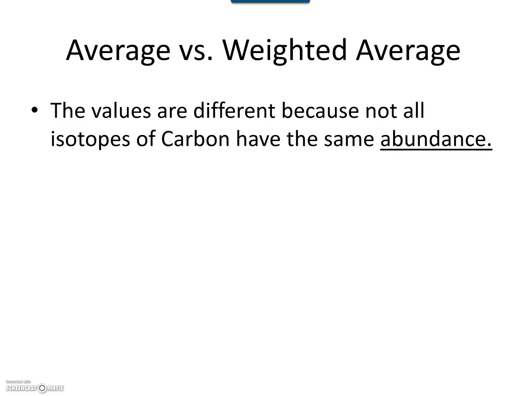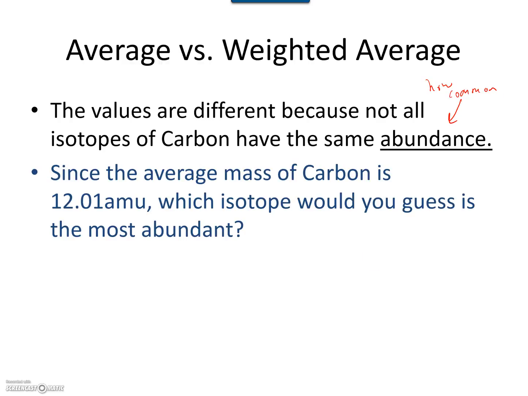What you have to understand is the values are different because not all isotopes have the same abundance, and abundance is how common. Since the average mass of carbon is 12.01 AMU, and we're not going to argue with that, that's been experimentally determined by really smart people, let's assume that value is correct. Which isotope would you guess is most abundant? We have 12, 13, and 14 to choose from.